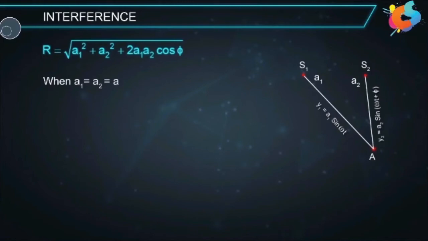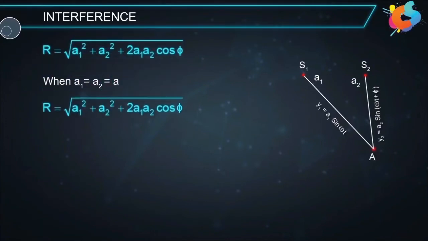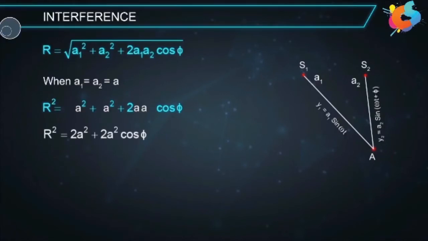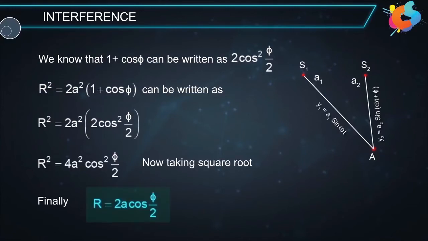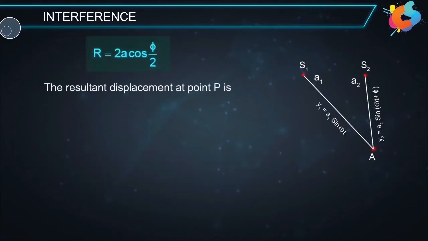When A1 equals A2, the square of the amplitude, that is intensity, is R squared = 2A squared (1 + cos phi), which can be written as R squared = 2A squared into 2 cos squared phi by 2.